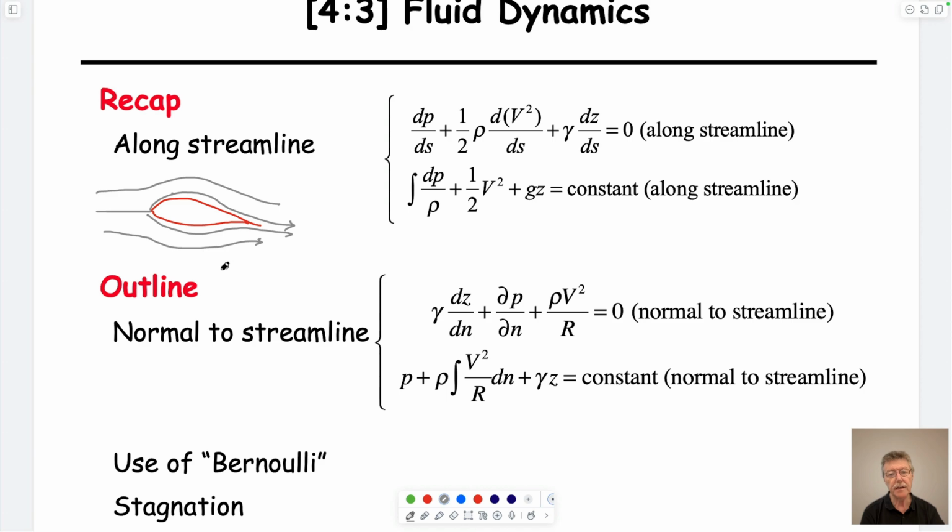And of course, they're the line along which a particle would travel. And we can define a coordinate system on these, which is important to us, which is normal to it and in the direction of it. This is the streamline velocity. This is the normal velocity, if you like.